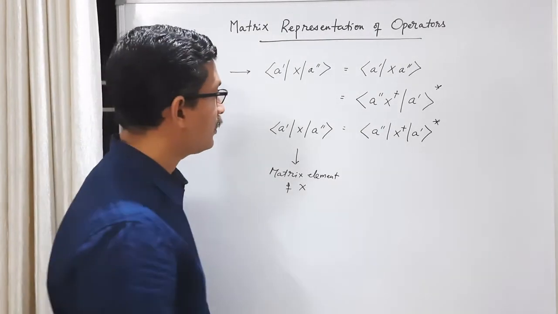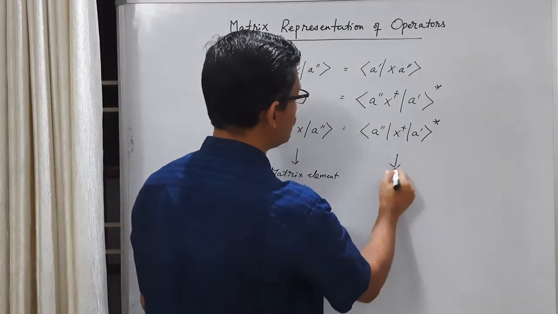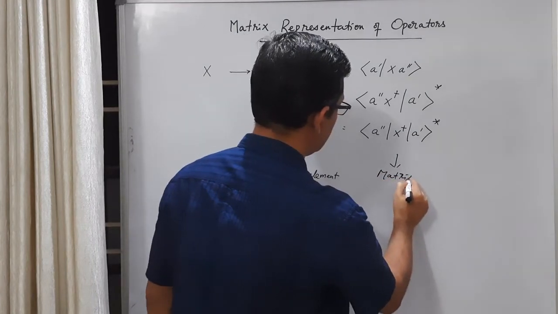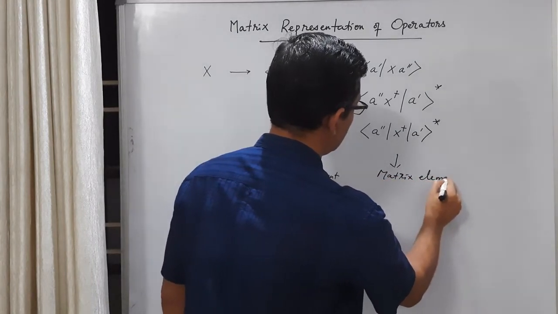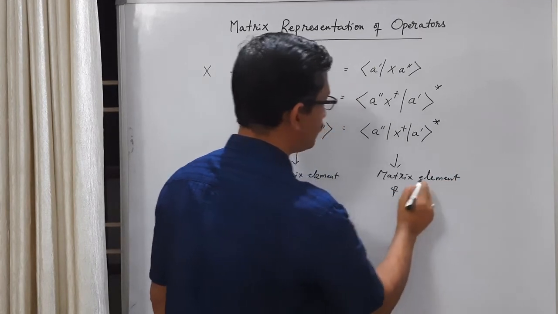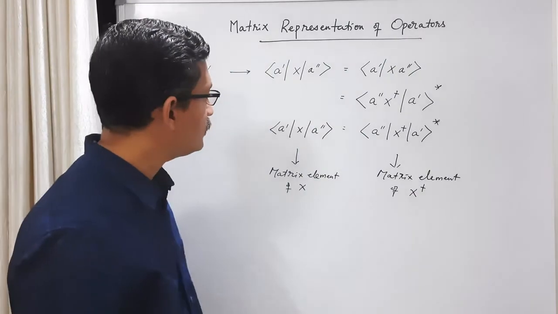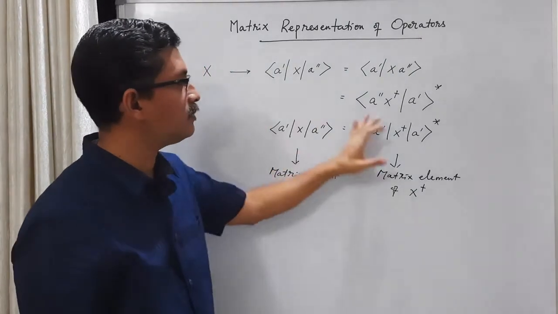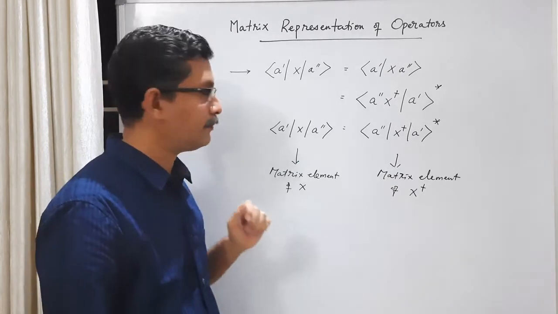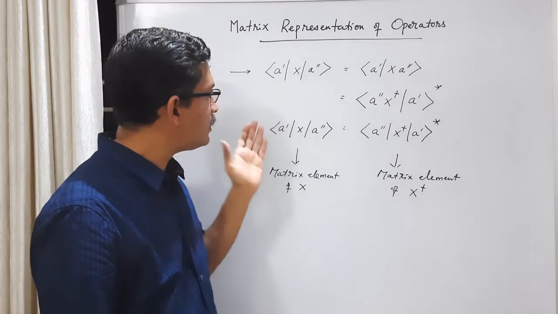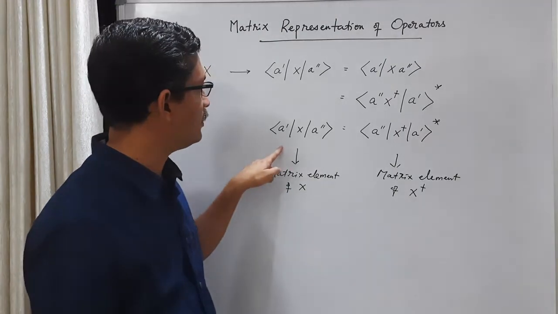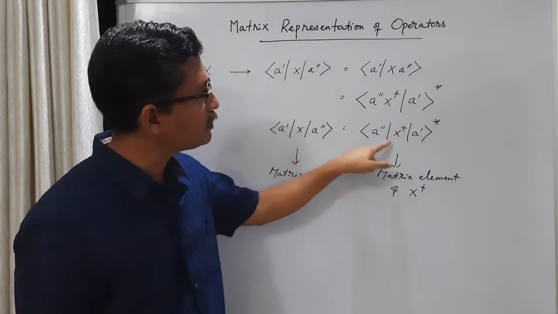And this is the matrix element of x dagger in the same basis. So this is the matrix element of x, and this is the matrix element of the Hermitian adjoint of x. Now what is the connection between the two matrix elements? Look at this matrix element, and how is it related to this matrix element?